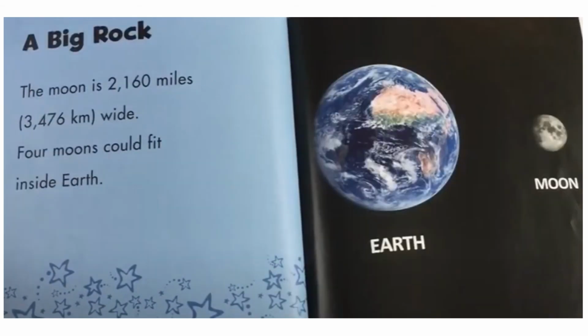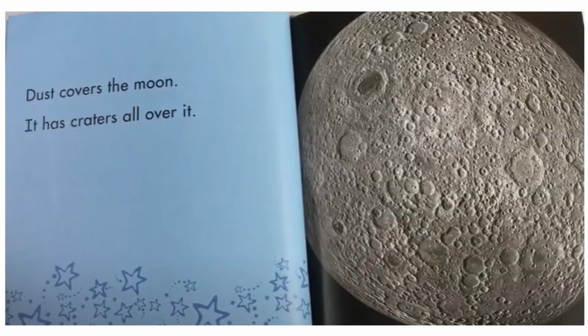A big rock. The moon is 2,160 miles, or 3,476 kilometers wide. 4 moons could fit inside the Earth. Dust covers the moon.